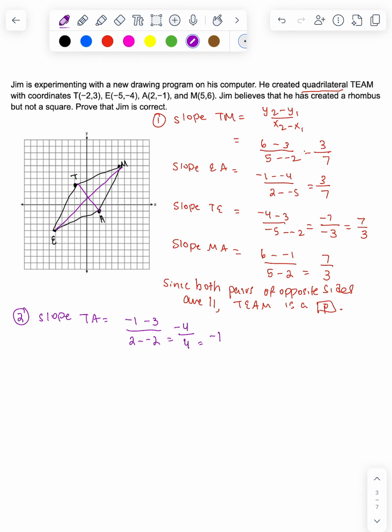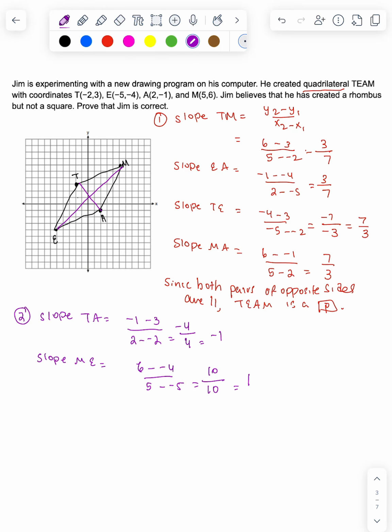So I should expect the opposite reciprocal for ME. And look at that. We have -1 over 1 and 1 over 1, opposite reciprocals.